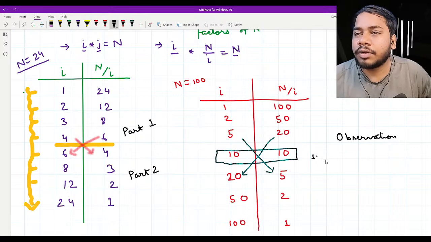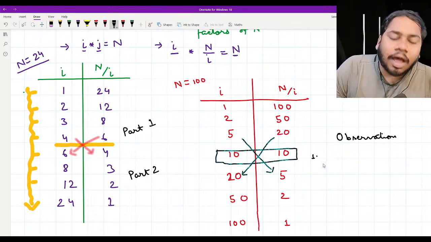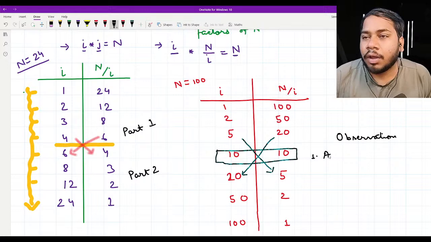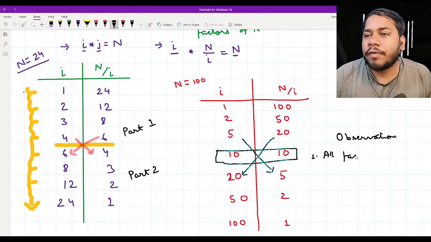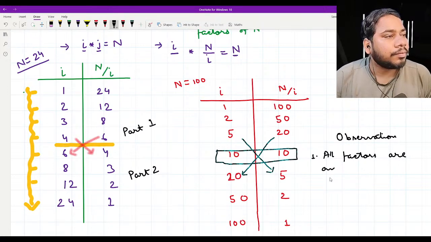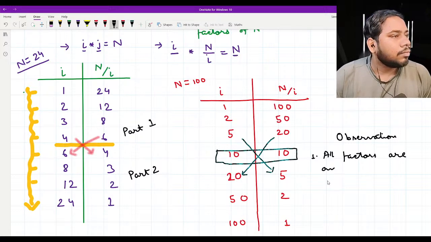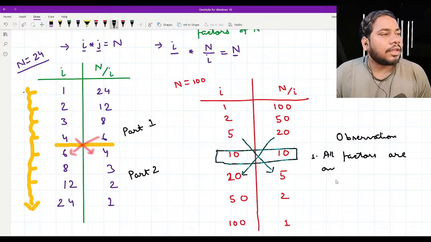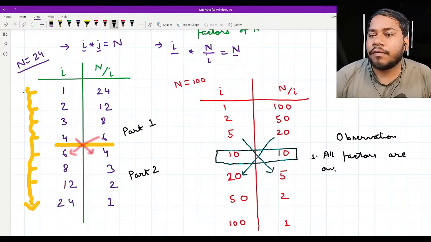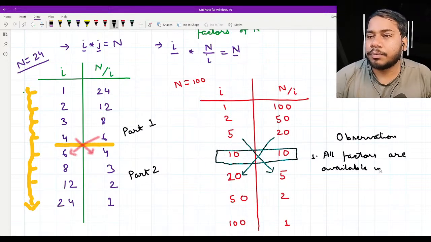All factors are available in part 1. Can anyone confirm? All factors are available in part 1. This is what we can conclude out of this.